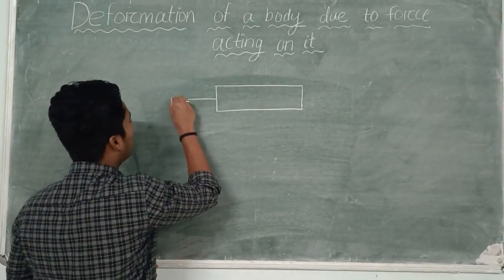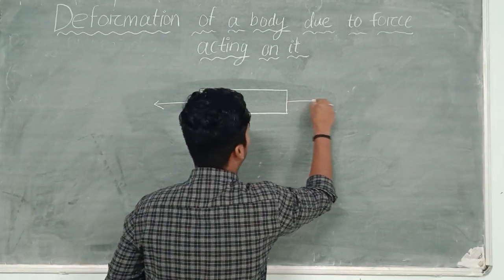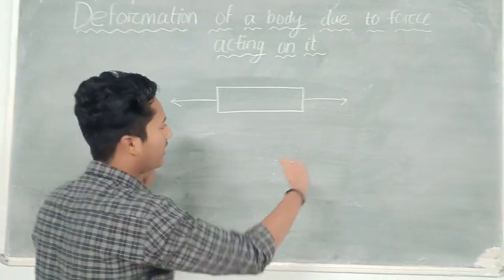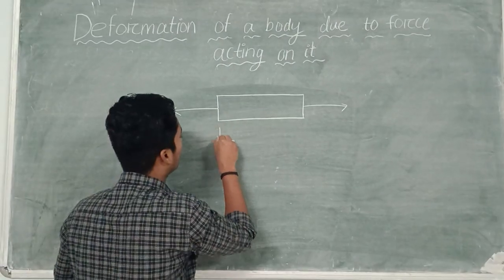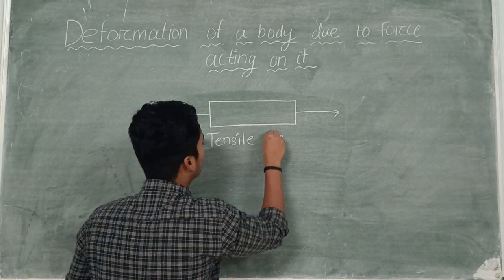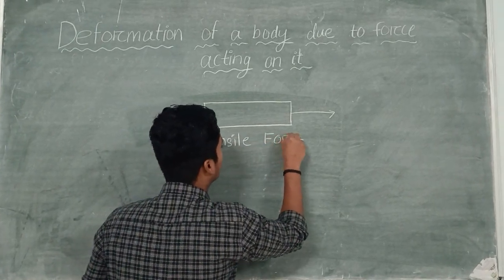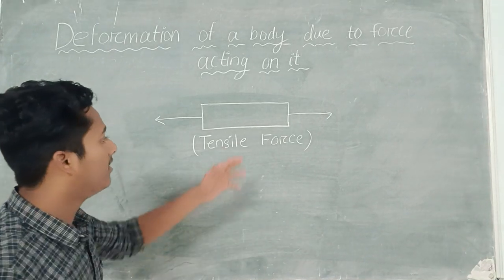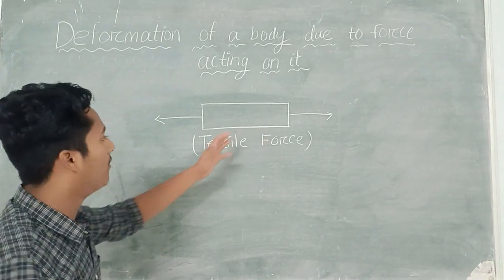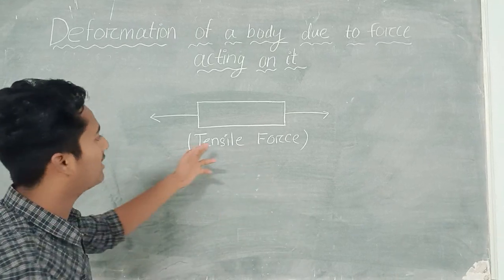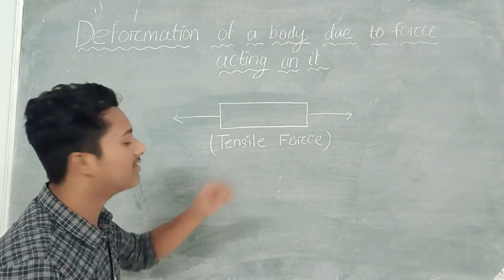When we apply a pull force, we pull the body, then such type of force is called tensile force. When we pull on both sides of the rectangular body, that corresponding force is called tensile force.